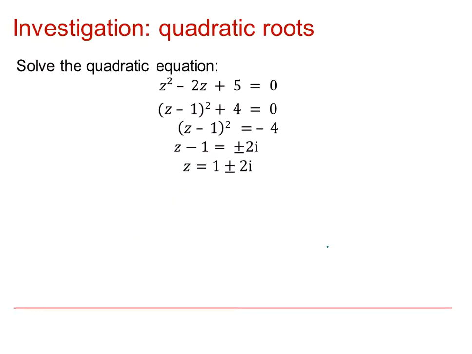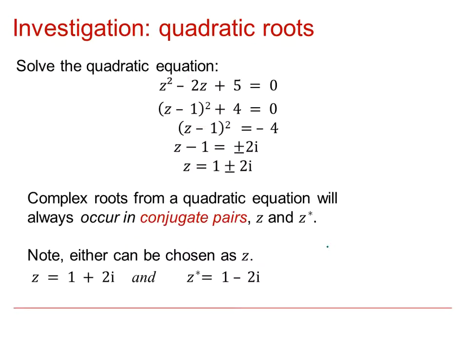So we've solved the quadratic. We've noticed that we will get a conjugate pair, and they would always occur in a conjugate pair. We called the 1 plus 2i answer z, and therefore the 1 minus 2i answer is the conjugate z star.